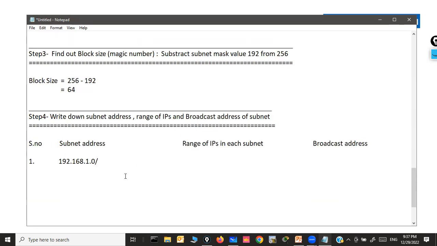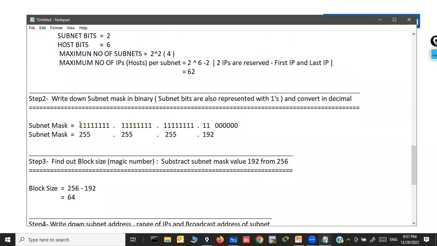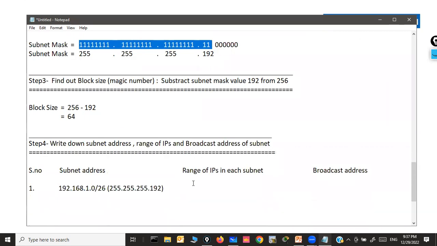So I will write slash 26, or in decimal 255.255.255.192, right? Why 26? Because now there are 26 ones, 26 network or subnet bits, and the range of IPs where I'll be using. So let me write down the second subnet, third subnet, and fourth subnet.